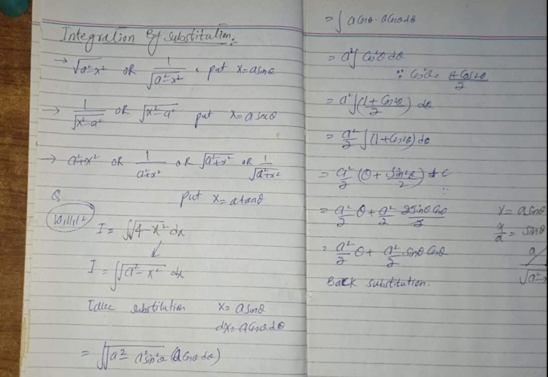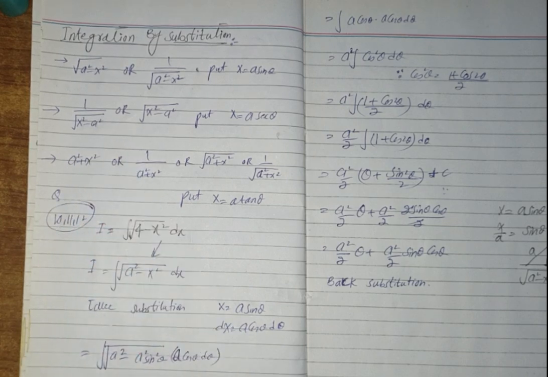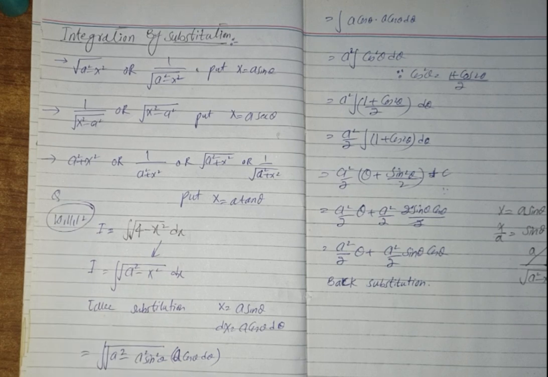Similarly, if we have 1 over x square, or 1 upon square root of x square minus a square, or square root of x square minus a square, we take x is equal to a secant theta. Similarly, for a square plus x square, or 1 over a square plus x square, or square root of a square plus x square, or 1 upon square root of a square plus x square, we have x is equal to a tan theta as a substitution.